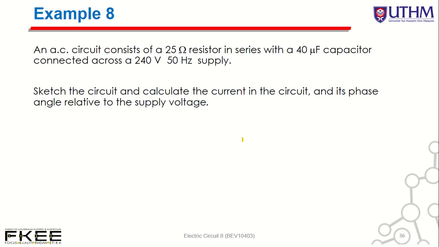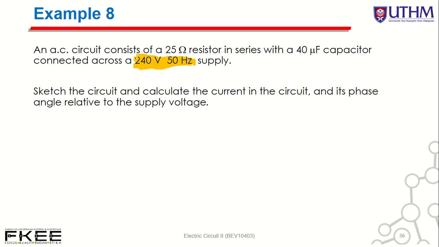We have an AC circuit consisting of R in series with a C connected across a 200 volt 50 Hz supply. We have a source connected to R and C. The supply voltage equals 240 volt and 50 Hz frequency.